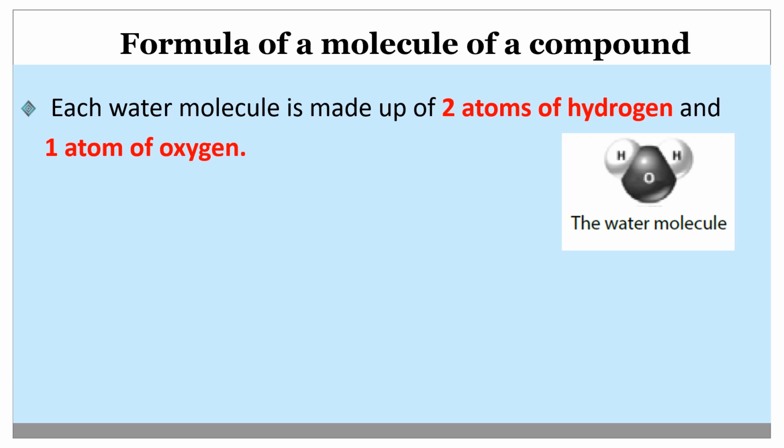Now, let us learn about the formula of a molecule of a compound. You have seen earlier that each water molecule is made up of two atoms of hydrogen and one atom of oxygen.